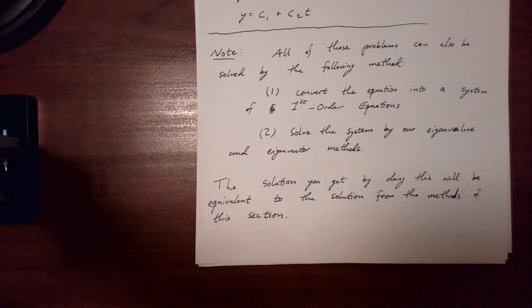The main advantage to doing it by one method or the other will just be whichever turns out to be easier for the case in question, and that will depend a little bit on the situation. But when you have a system that is just already written as a system, typically the eigenvalue methods will be the easier approach. If you have something that starts off its career as being an equation that you then would turn into a system, then it will often be easier to approach it through means like this.